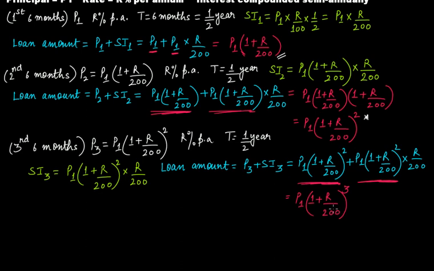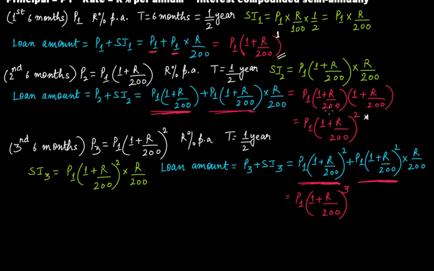So there is a pattern. What's the pattern? If you clearly see here, the loan amount for the first conversion period is P1 multiplied by (1 plus R by 200). That is, we can assume that here we have actually 1, right?